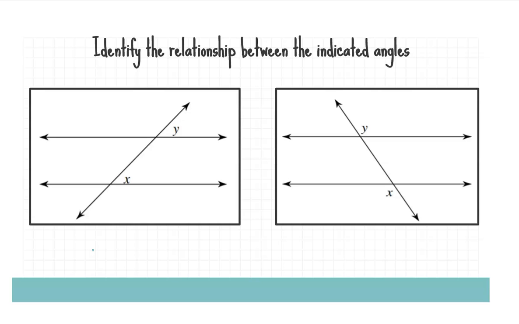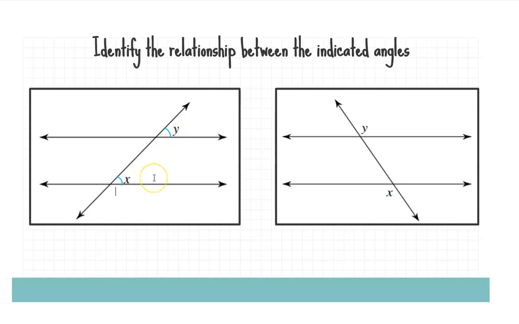All right. For the picture on the left, we have angle Y and angle X that we are looking at. So if we look, they are both on the same side of the transversal. However, we have one angle on the inside of our parallel lines and one angle on the outside.